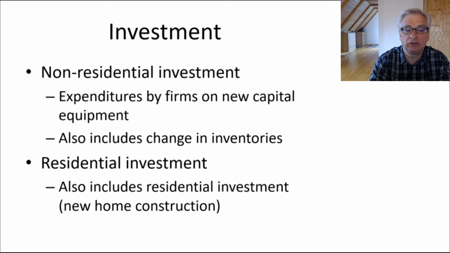And that also includes changes in inventories, like raw materials, like semi-products, like products that are ready to be sold but are kept in the firm. So changes in inventories are included in investment.